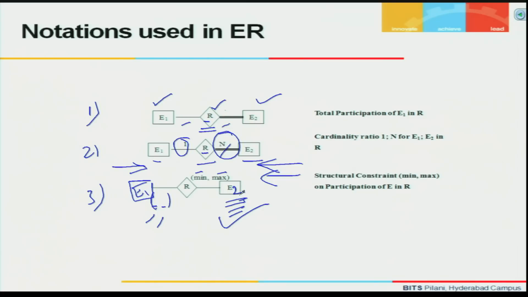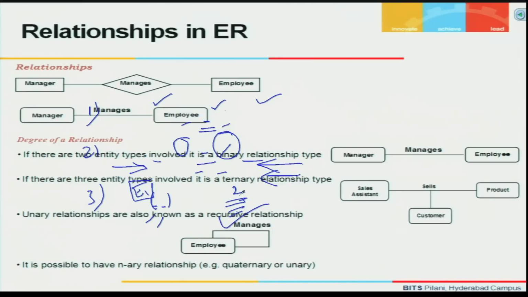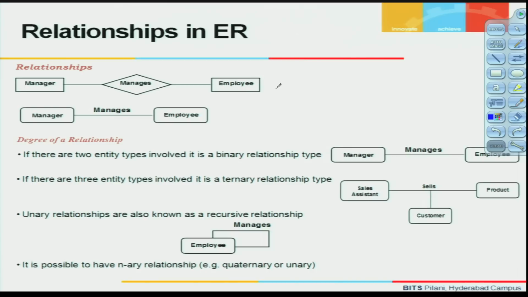After some time, we will look at some concrete examples which will give us more understanding of these concepts. Then, coming to more details about relationships in ER modeling, this is how we represent relationships. An entity type, another entity type, the diamond indicates the relationship, and the lines join the entity types involved in the relationship with the diamond.